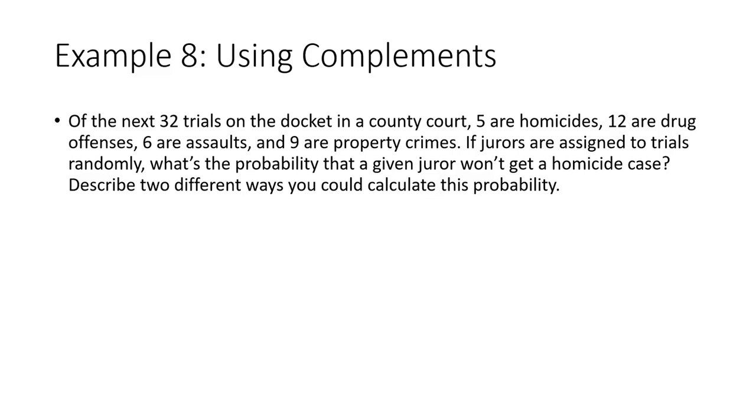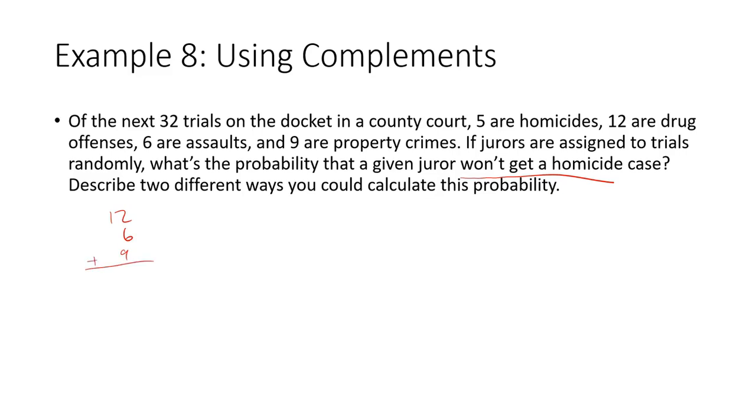And so there are 2 different ways that we can calculate this. First of all, if we want to know the probability that the juror won't get a homicide case, that means we want all the cases that are not homicides. So there are 12 drug offenses, 6 assaults, and 9 property crimes.